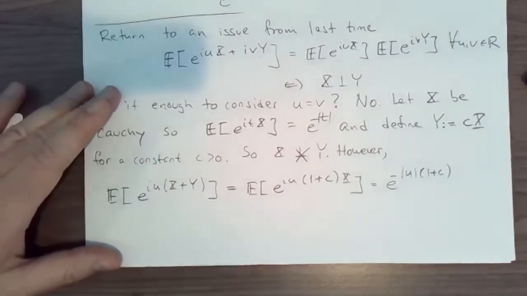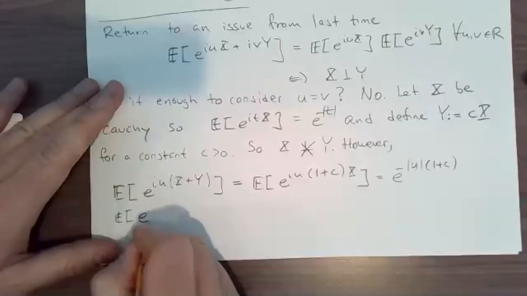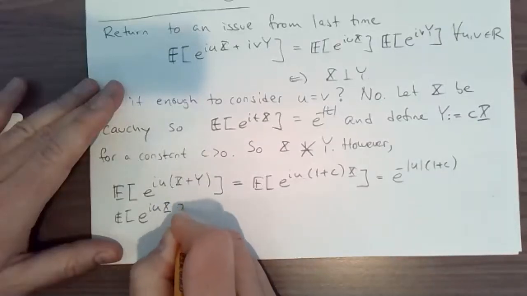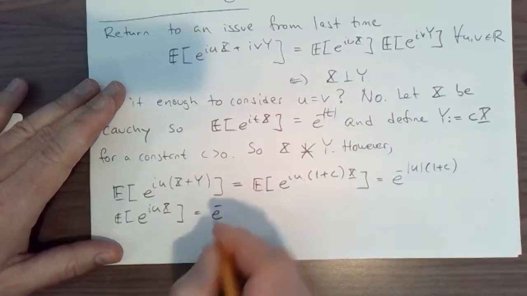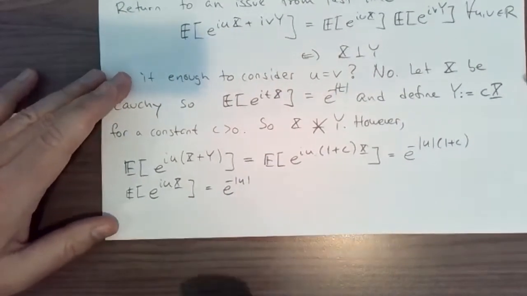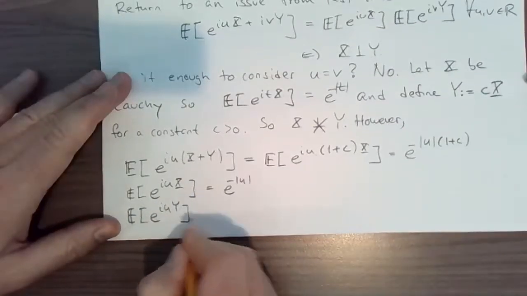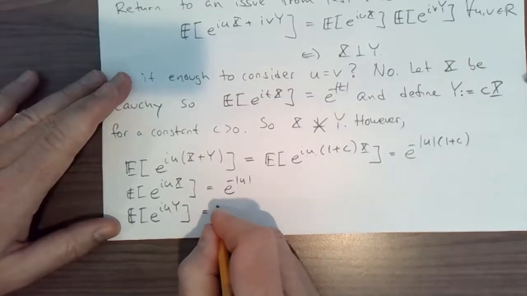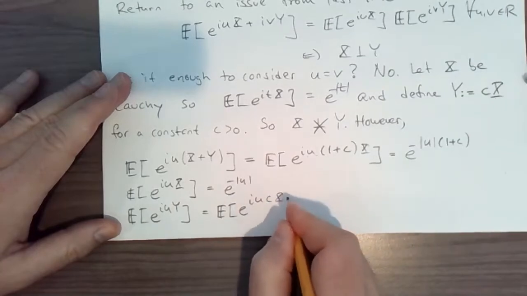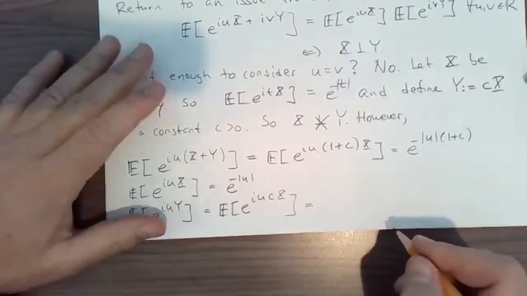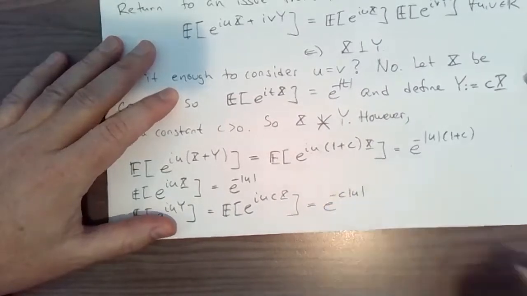Now, if we at the same time compute the product of the marginals, the ones we have up here, I'll have e to the i u X, which we know is e to the minus absolute value of u. And the other one is e to the i u Y. Then we use again that Y is equal to a constant times X, and since the constant is positive, we get e to the minus c times the absolute value of u.